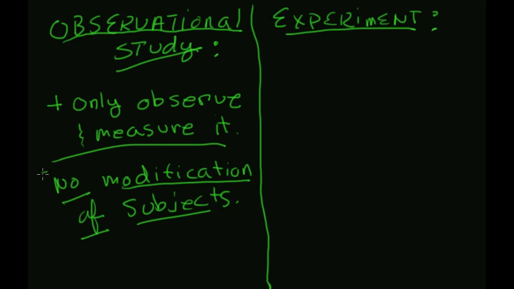This tends to be something that science participates in quite a bit, either with people or animals or physical systems, the universe. We watch it, we observe it, we don't change it, but we take measurements.